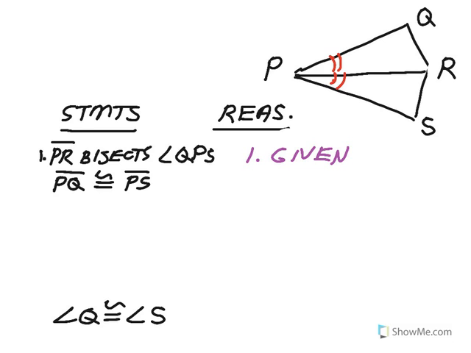So I'm going to write that in here, that angle QPR is congruent to angle SPR. And the reason for that is that's the angle bisector definition.